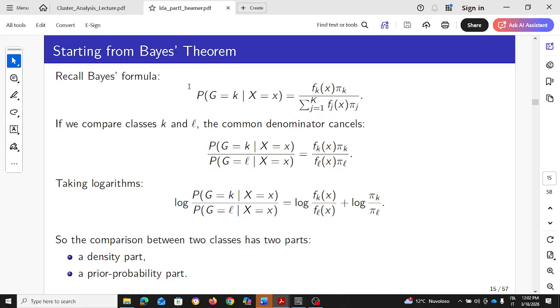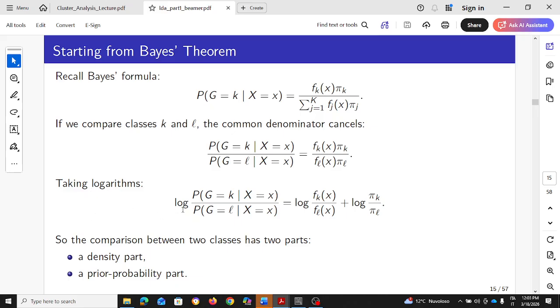So we started from Bayes theorem. We said the probability that X belongs to a particular group G is this: the density times the prior pi k, how many times this point occurs in that particular class. Now we are comparing two classes, so probability of this, probability of this. This turns out to be f k times pi k divided by this for class L, and these two cancel out.